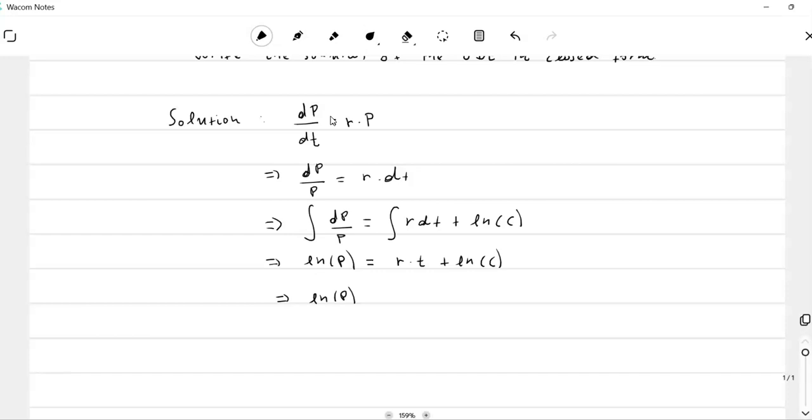I take the natural logarithm of c to the left hand side. So now from the properties of the natural logarithm, this is the natural logarithm of p over c equals r times t.